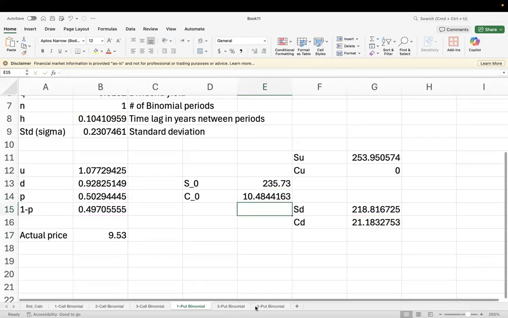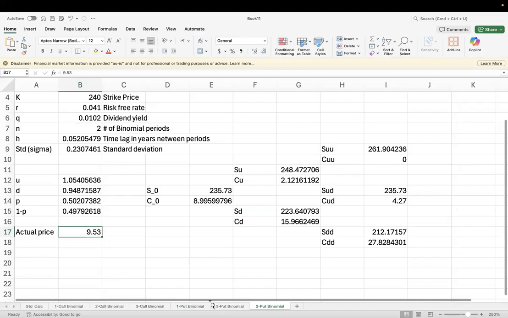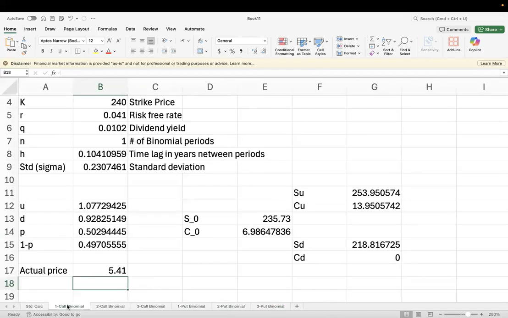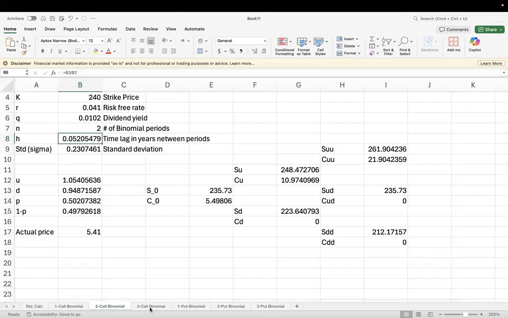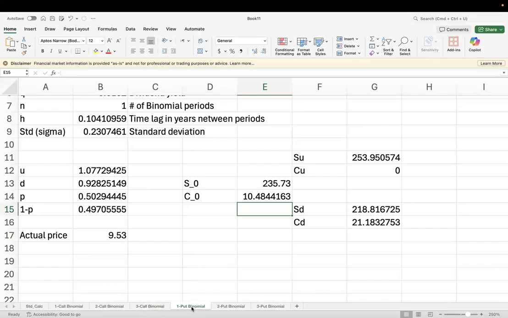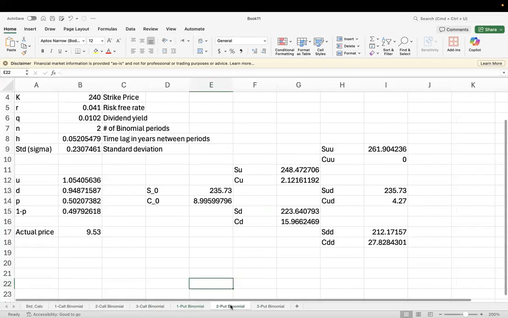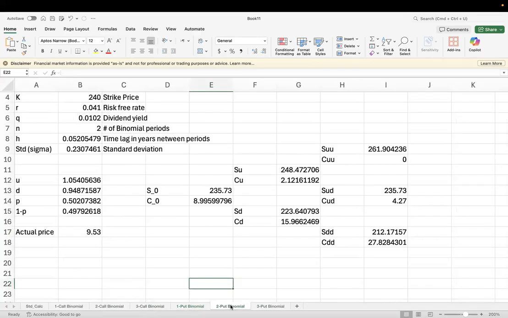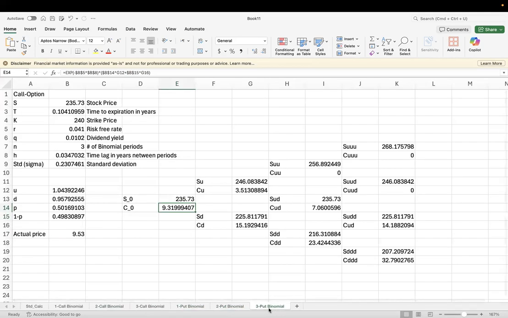So this is the way we calculate one period binomial call, two period binomial call, three period binomial call, one period binomial put, two period binomial put, and three period binomial put.